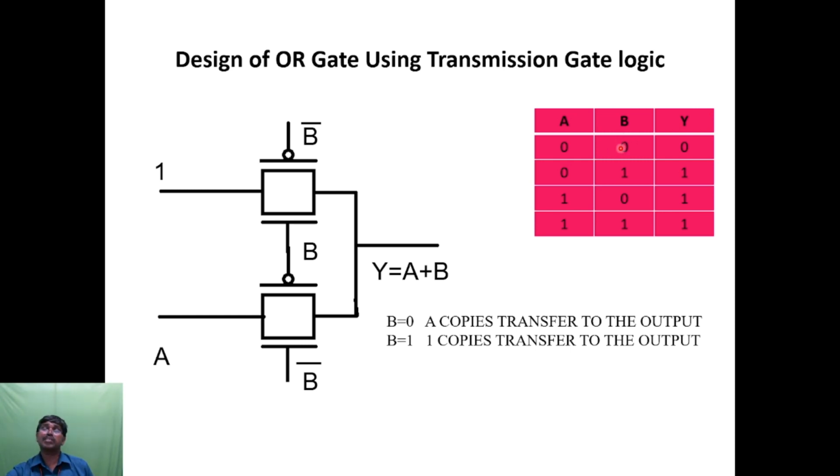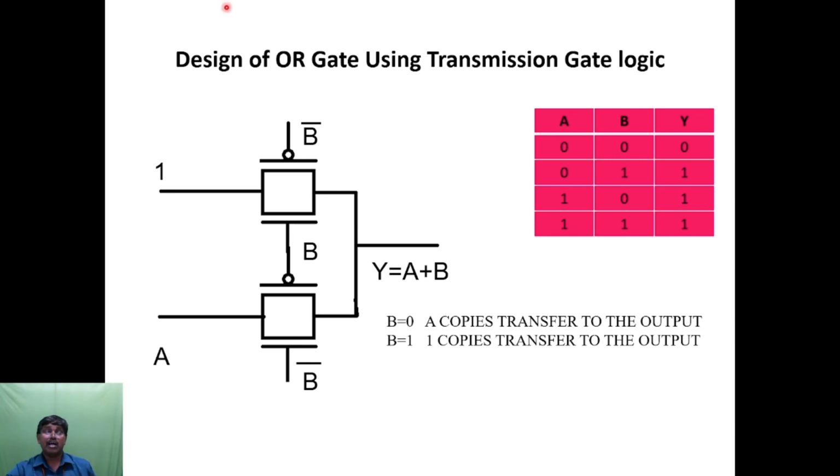The first combination is when B is equal to 0: check the data input 0, the output will be the same. And again when B is equal to 0, check the data input 1, the output will be 1. So when the control input is 0, whatever the input is just gets copied and transferred to the output. If A is 0, then 0 will be transferred; if it is 1, then 1 will be transferred.